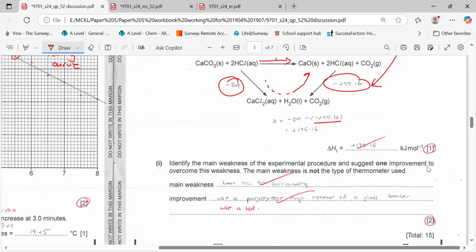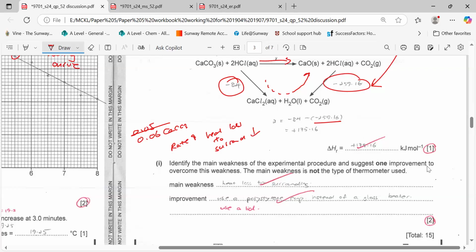So for example, I want to use 0.06 of the calcium carbonate instead of 0.05. I want to use a higher mole, so that when you have more, it increases the rate. So when the rate increases, heat loss to surrounding will be decreasing.